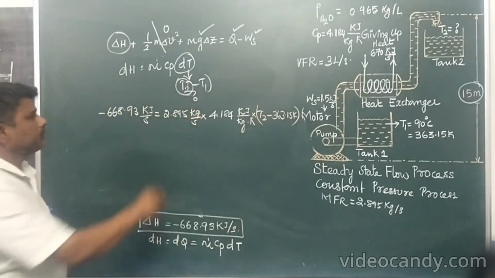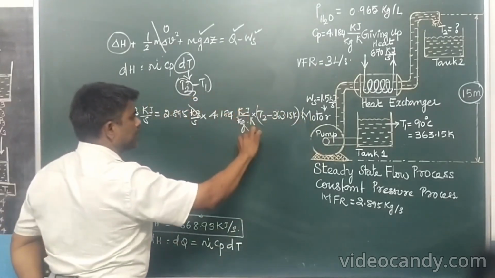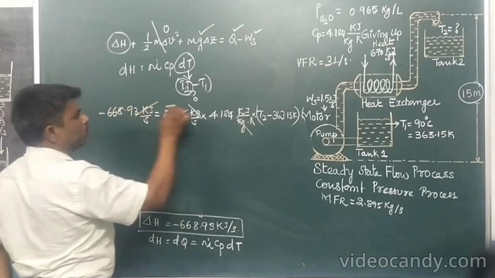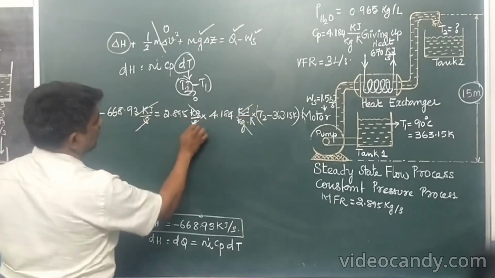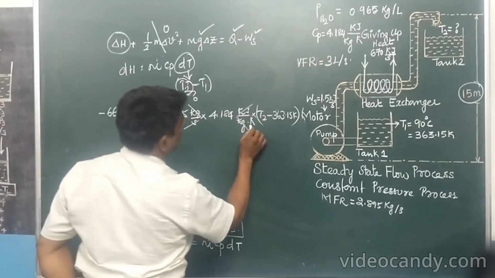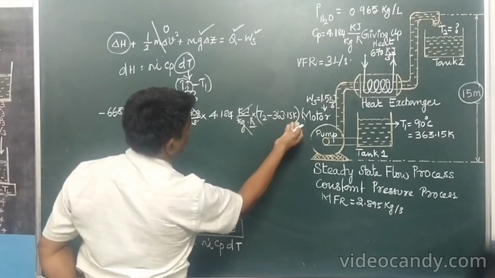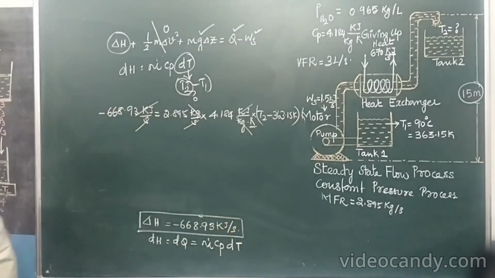The kg gets cancelled, kilojoules gets cancelled, second gets cancelled. The remaining thing is Kelvin. Okay, clear. Unit consistency is okay.